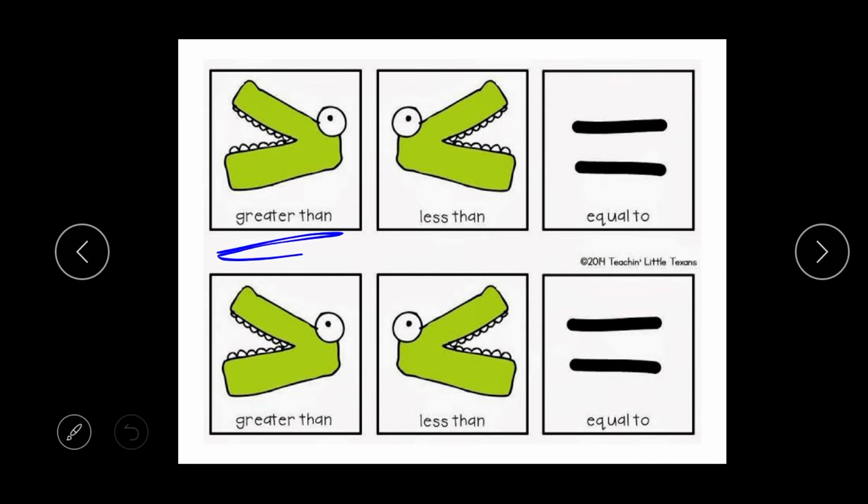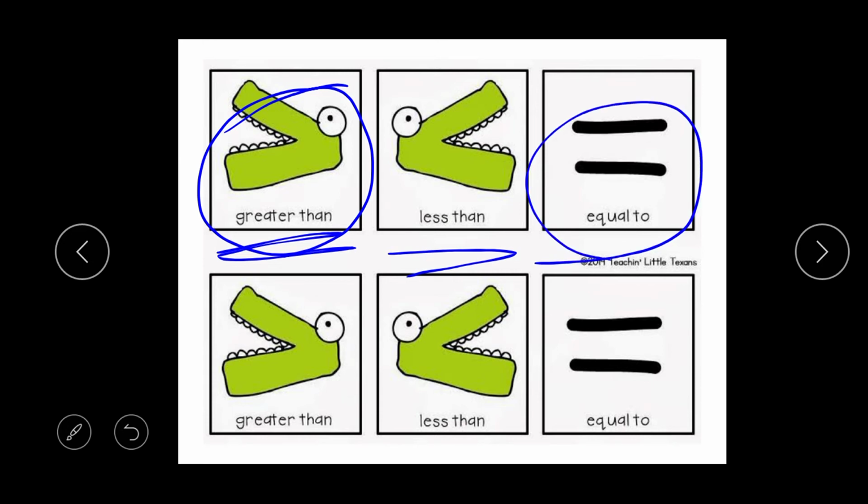You can see the alligator here is facing the left hand side, while this one is facing the right hand side. This is the less than sign, and this is the equal to sign. So when you remember your alligator, you should be able to remember your symbols.